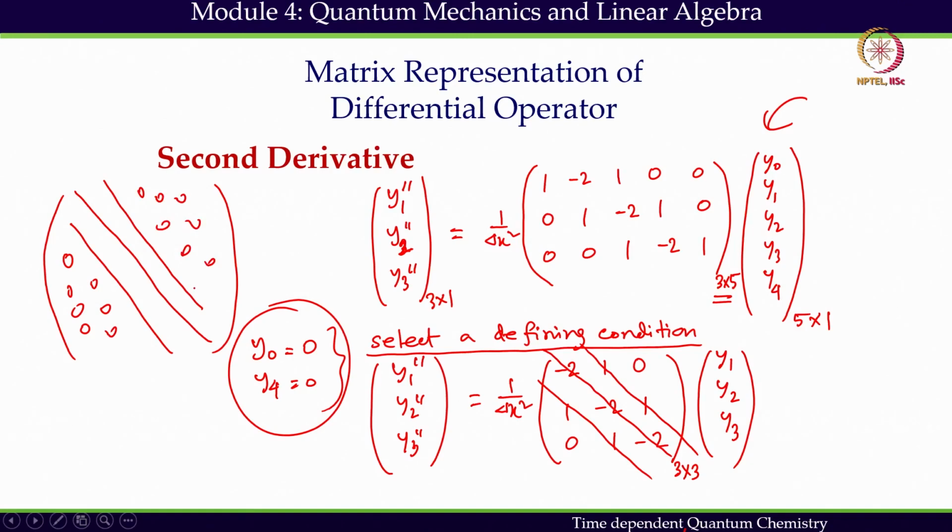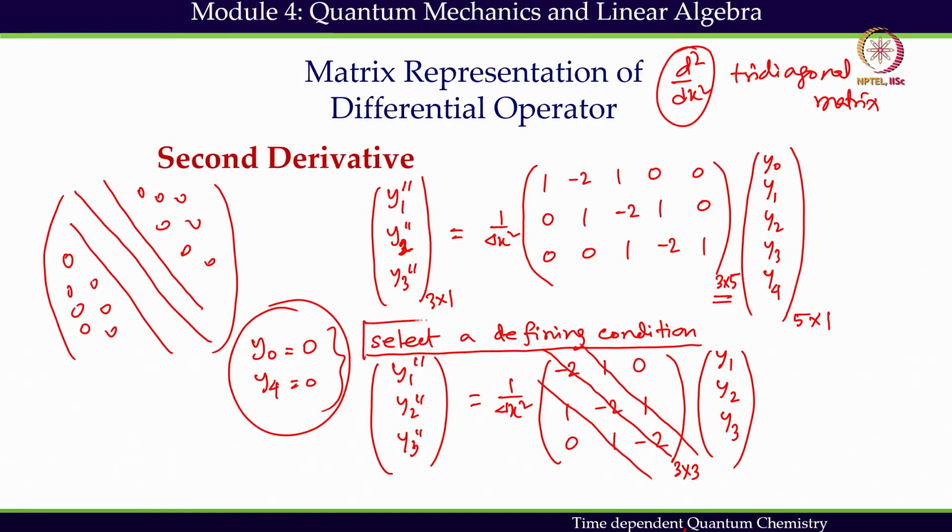Basically, this d2 dx2 gives me a tri-diagonal matrix when I use this boundary condition, this defining condition for the initial wave function. And this kind of tri-diagonal matrix can be used to find the eigenvalue and eigenvector for the operator.